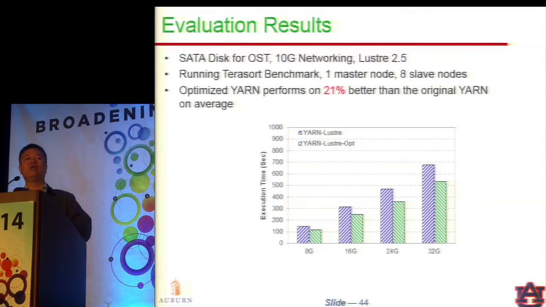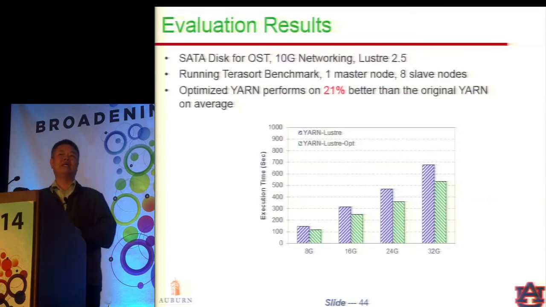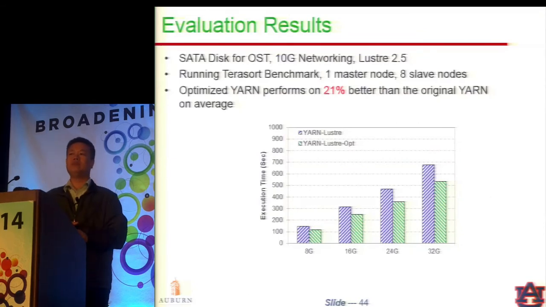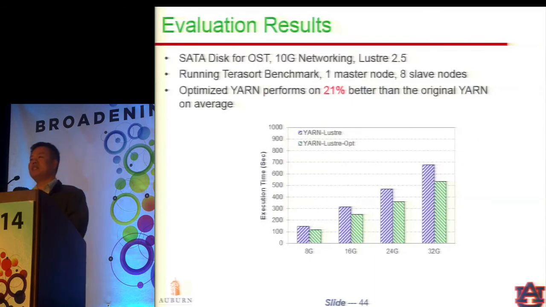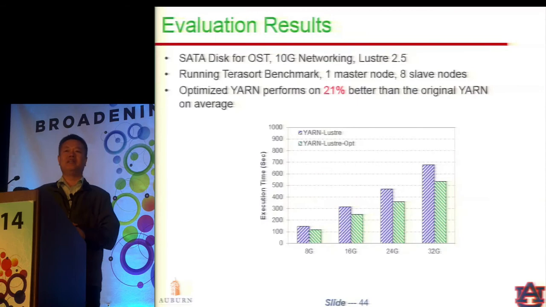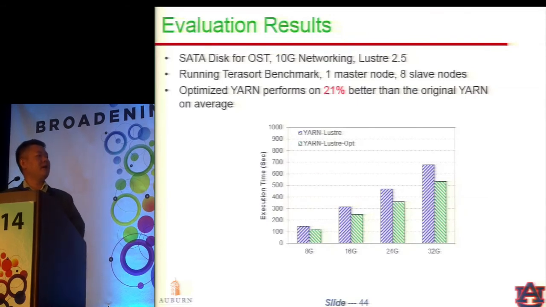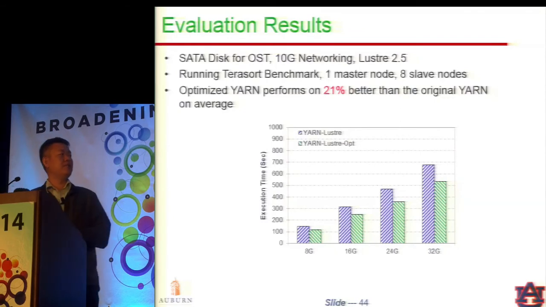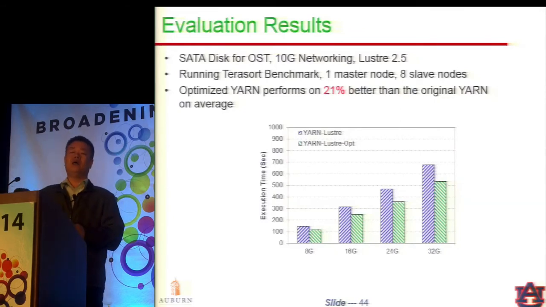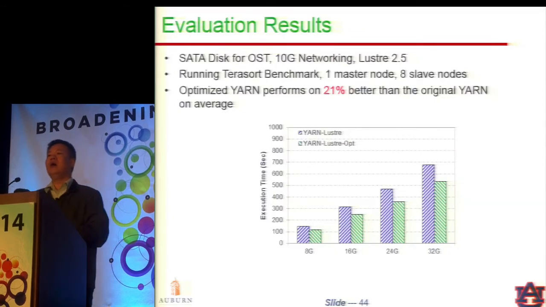So I don't want to go into too much detail about exactly what we have done, but we're still working on a paper. So this slide was produced 3 weeks ago. So as you can imagine, things can happen in the last few weeks. So a lot of things have changed. But as an initial set of results, we compared 2 different cases, running YARN on original Lustre and running YARN on Lustre with our optimizations.